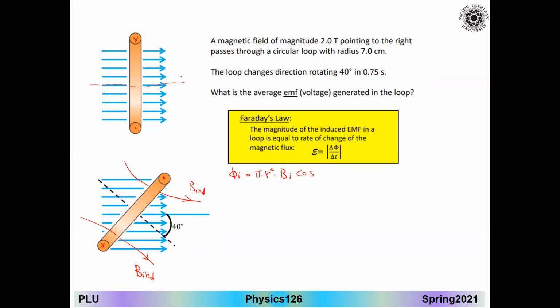So alpha equals 0, and we have cosine 0. So I have pi times 0.07 meter squared times the magnetic field, in this case 2 Tesla. Cosine 0 is 1. So we end up with 3.1 times 10 to the minus 2 Weber.